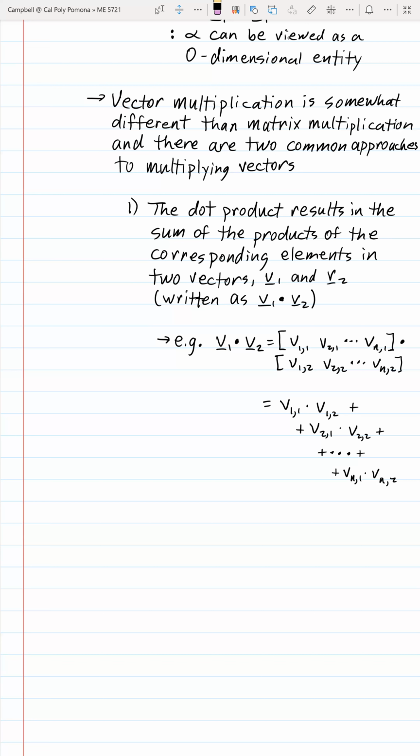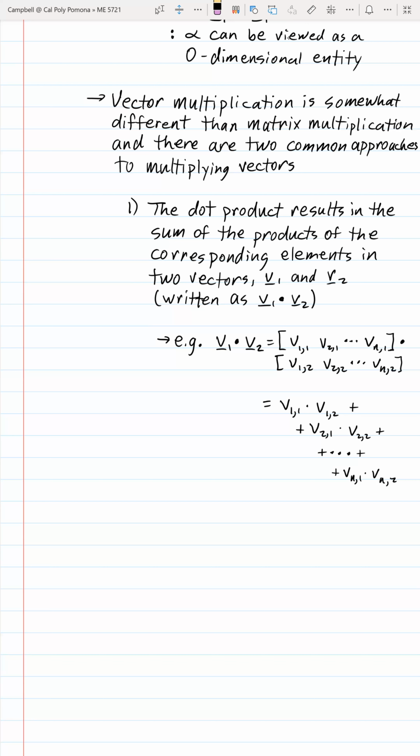So if you want to think about what was going on with matrix multiplication and then come over here and look at vector multiplication, even though we are looking at this through a separate lens, the lens of vectors, we can see that the same mathematical patterns existed when we were talking about matrix multiplication as now exist with this dot product.